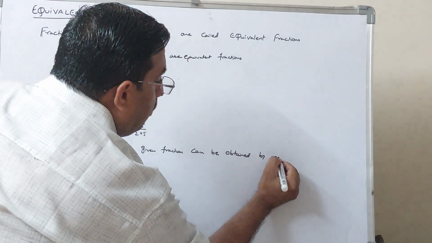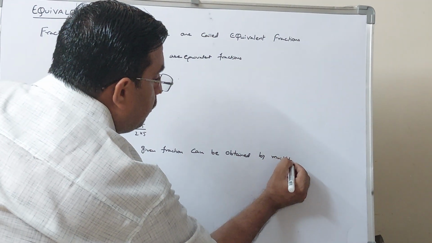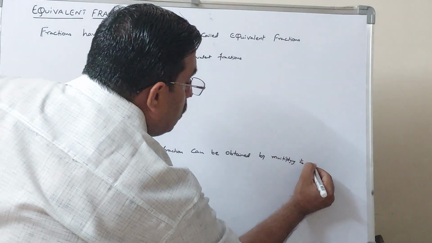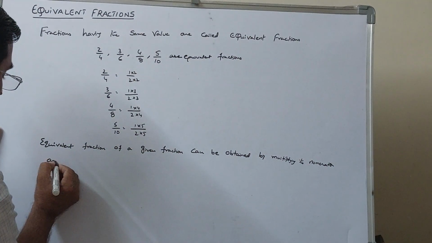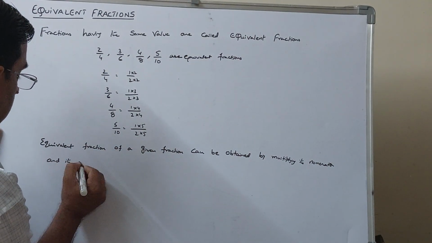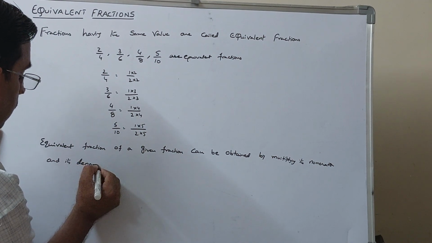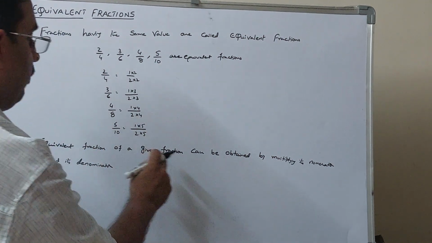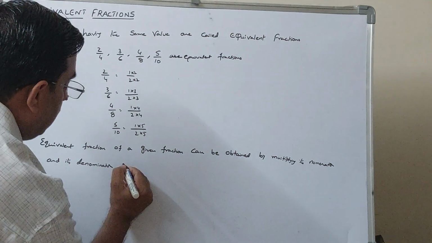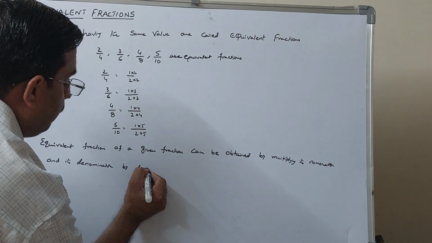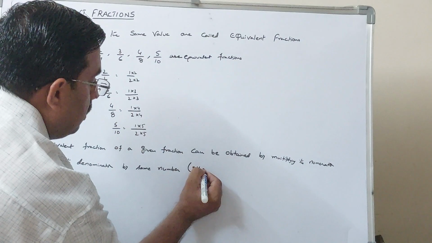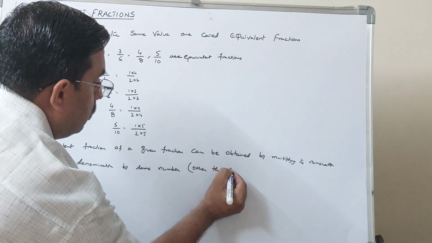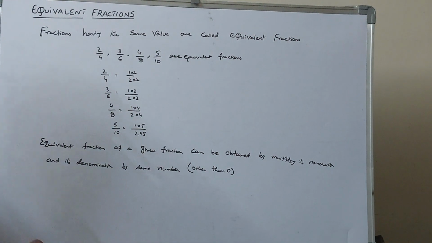Equivalent fraction of a given fraction can be obtained by multiplying its numerator and denominator by the same number other than 0.